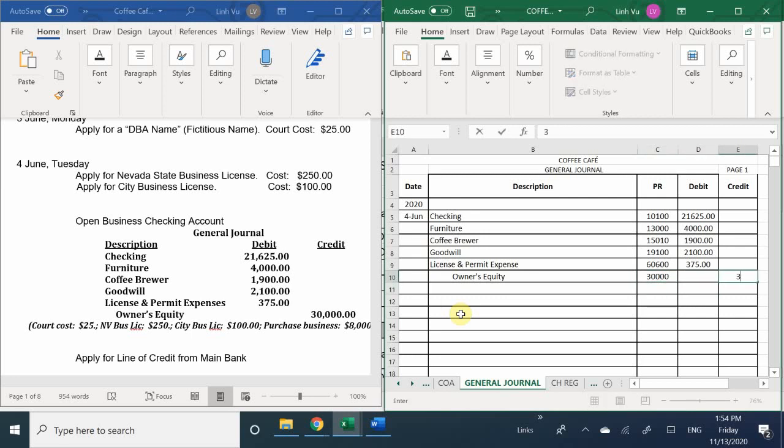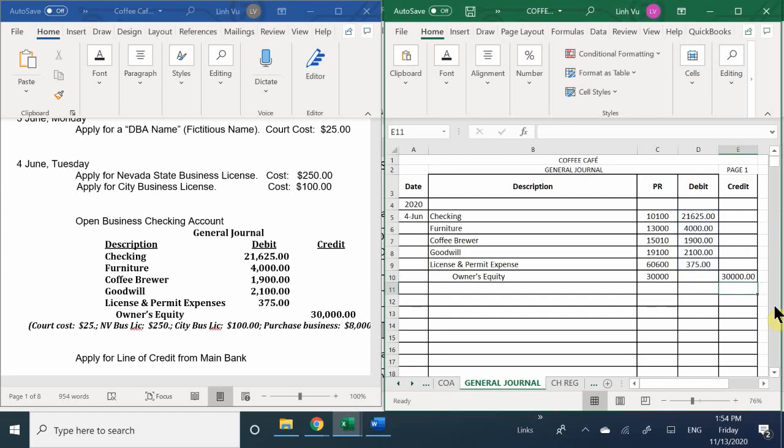Now, what you can also do here is, the one thing about Excel is that you always want to make sure that you properly have your debits and your credits match at all times. Because I'm utilizing so many accounts, instead of just typing in 30,000, I'm just going to ensure I didn't make any errors here, and I'm going to go ahead and sum it up.